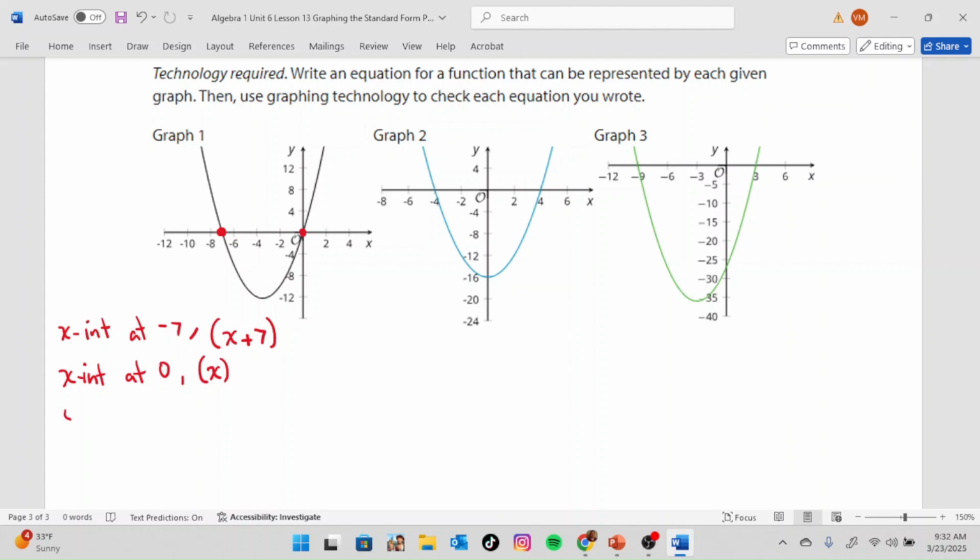Now I can just simply write y equals x times x plus 7 in factored form, or I can go ahead and multiply them together. X times x is x squared, and x times 7 is 7x. So I have the factored form, and I have the standard form to represent the graph in graph 1.